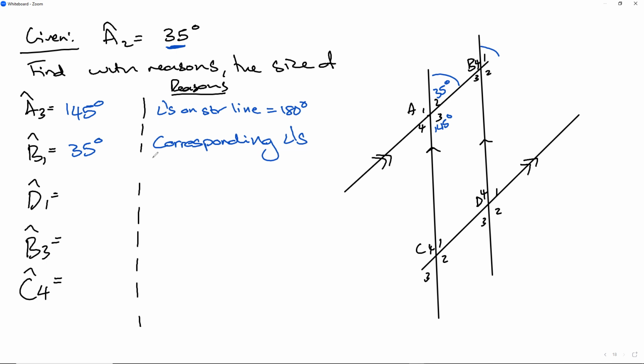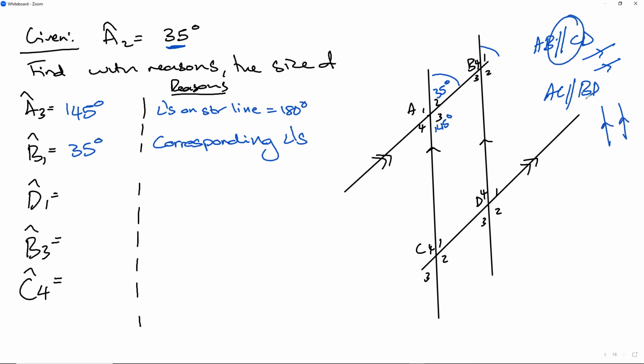Whenever we put corresponding angles or co-interior angles or alternate angles, we must put the parallel lines that are creating it. Now, over here, we've got two sets of parallel lines. We've got AB, which is parallel to CD, and they're going this way. And then at the same time, we've got AC, which is parallel to BD, and they're going upwards like that.